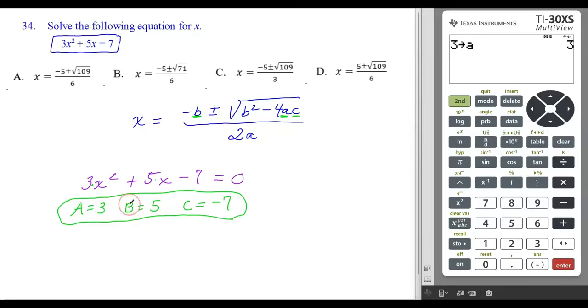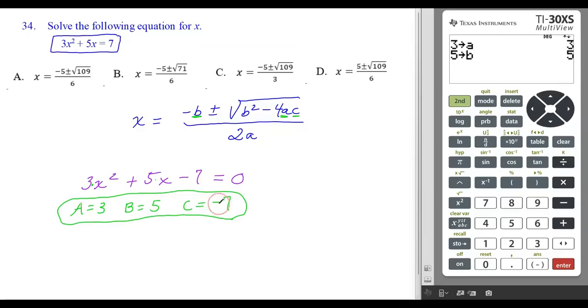Then I store 5 for B. So hit 5 from right here, then storage. Then hit this repeatedly until the letter up here says B. It says X, Y, Z, T, A. Hit it again. Great, it says B. So 5 is stored with B. Hit enter.